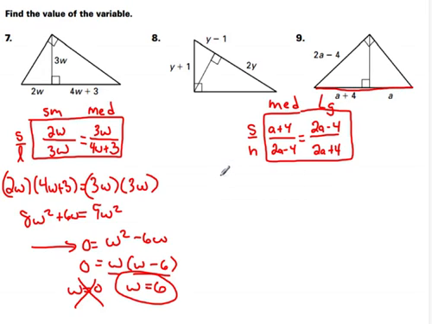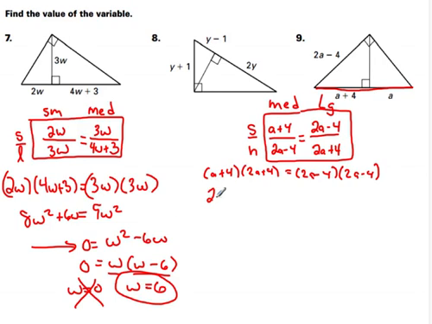At that point, I'll cross multiply, so I'll need a little bit of room. A plus 4 times 2a plus 4 is going to equal 2a minus 4 times 2a minus 4. I'll then multiply this out a little bit.